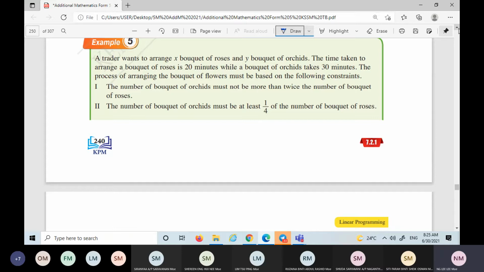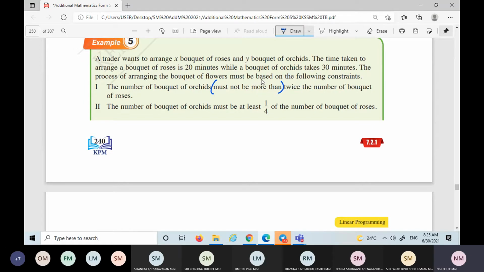The process of arranging the bouquet of flowers must be based on the following constraints. The number of bouquets of orchid must not be more than twice the number of bouquets of rose. Here the keywords are must not be more than.